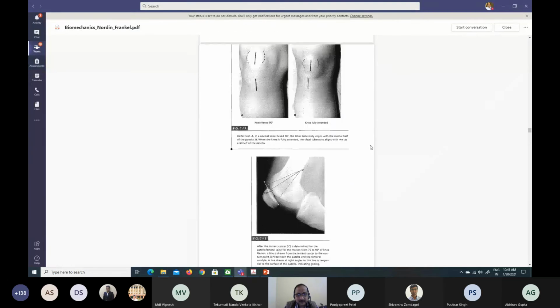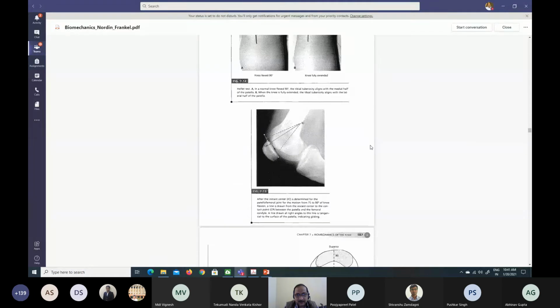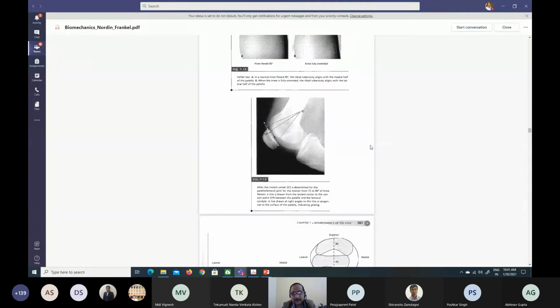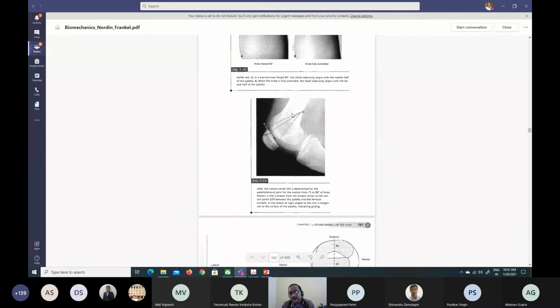I go to this figure, yes, here. Now here you can see that a knee is flexed. How do we calculate the instantaneous center of rotation of this femoral condyle of this joint?